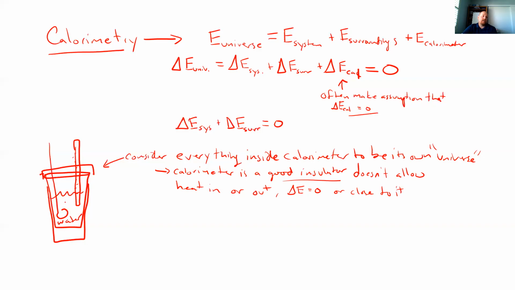and that's part of this, but there's water and there's also either a reaction or maybe an object, right? And so, for example, if we said we had, let's say an object, we put in a piece of metal at a temperature that's higher than the temperature of water.